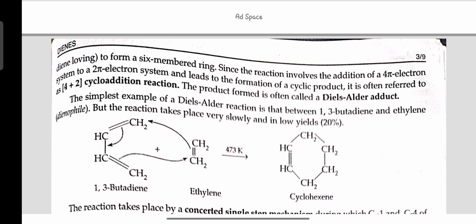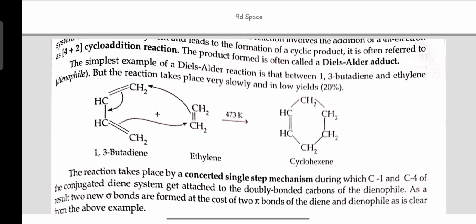The simplest example of Diels-Alder reaction is that between 1,3-butadiene and ethylene, but the reaction takes place very slowly and in low yield, 20%. 1,3-butadiene plus ethylene at 473 Kelvin gives cyclohexene.